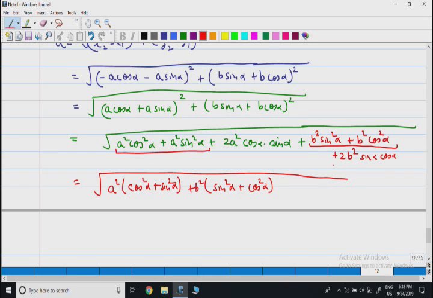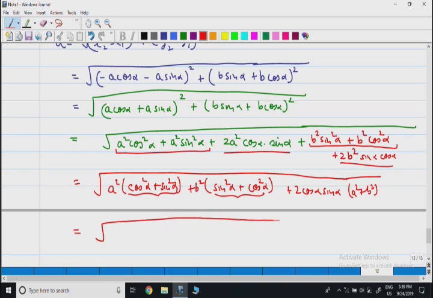And from here, what can we take common from these two? We can take 2 cos alpha sin alpha common, and in the bracket we will be left with a square plus b square. Now this cos square alpha plus sin square alpha and this sin square alpha plus cos square alpha will become 1. So it will be written as a square plus b square plus 2 cos alpha sin alpha into a square plus b square.